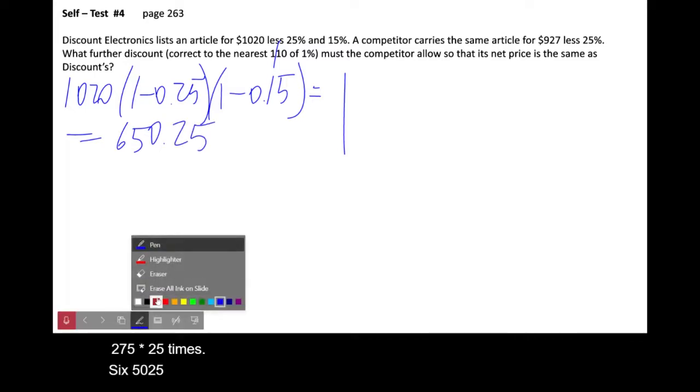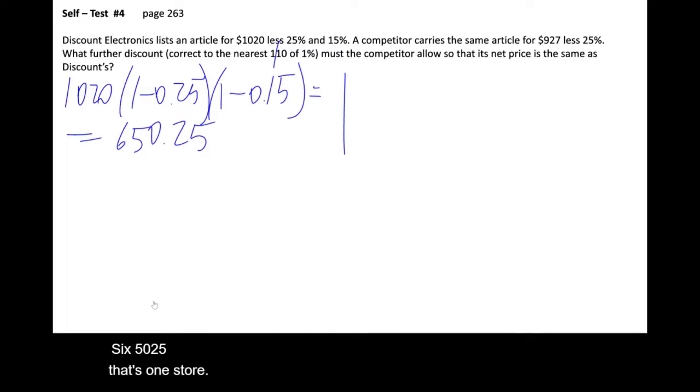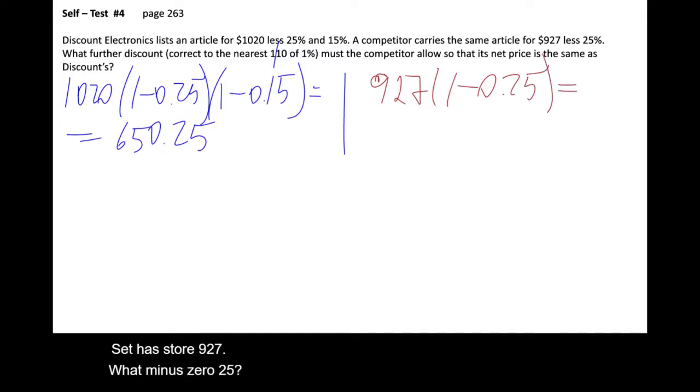That's one store. Second store: 9.27, 1 minus 0.25, so 9.27 times 0.75 is 695.25. So who has to make a discount? The second guy, right?